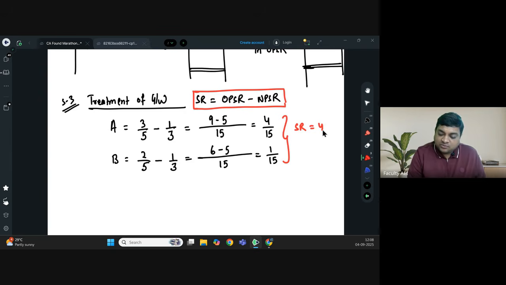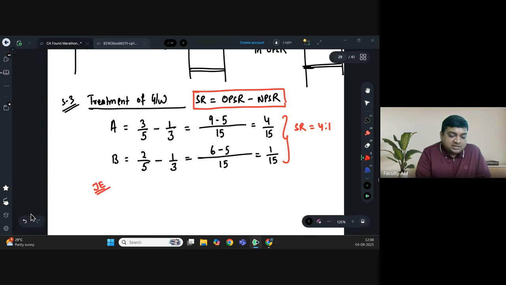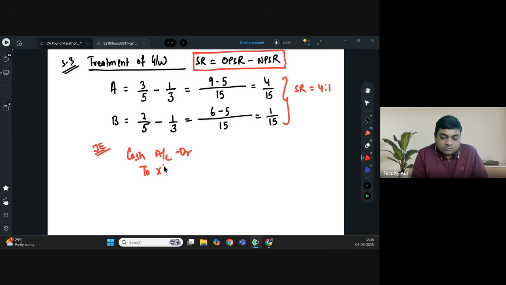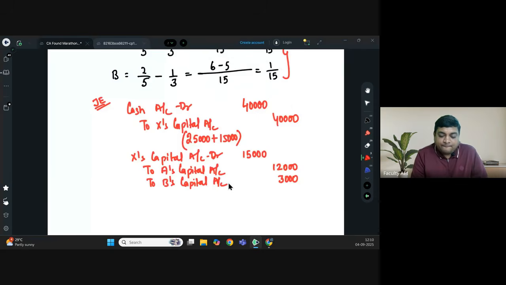Sacrificing ratio is 4:1. Right? So the journal entry is cash account debit to X capital. 25,000 is capital, 15,000 is goodwill.